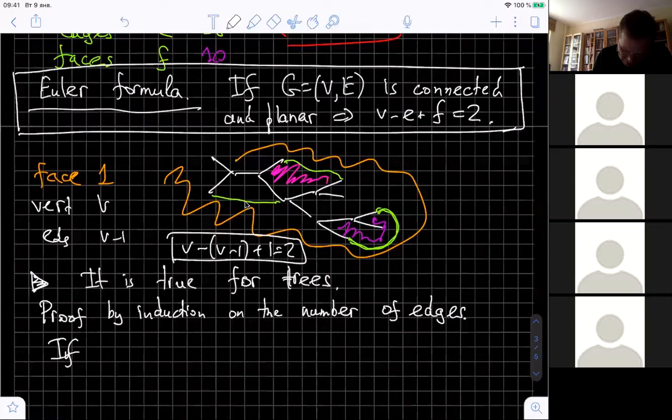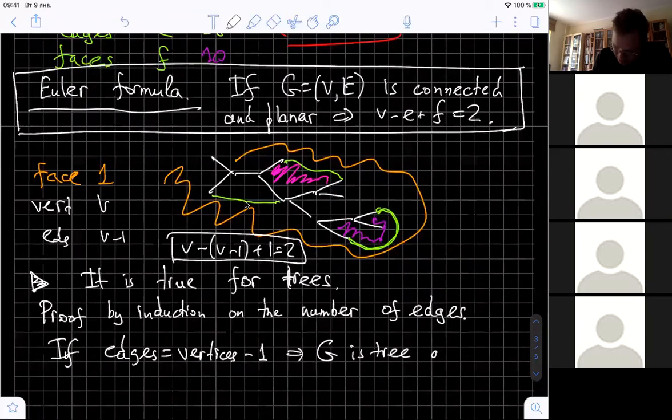If the number of edges is equal to vertices minus 1, then G is a tree and has only one face, and v minus 1 plus 1 is equal to 2.